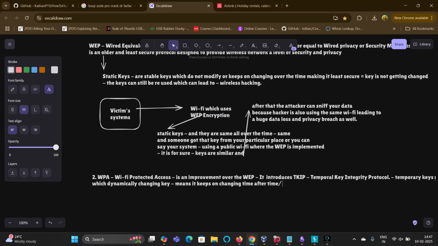Integrity means there should not be any modification, so temporal key integrity protocol means, to keep the data unmodified and safe, we are using temporary keys which dynamically change from time to time, to protect the system, making it more secure and safe. And it still has some weaknesses.